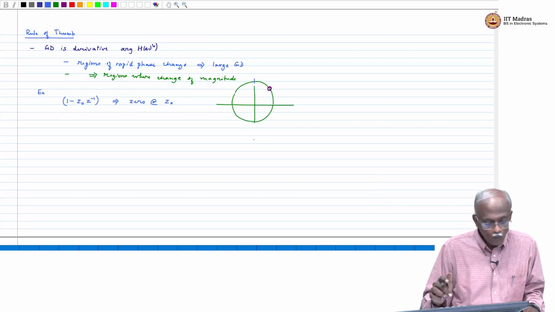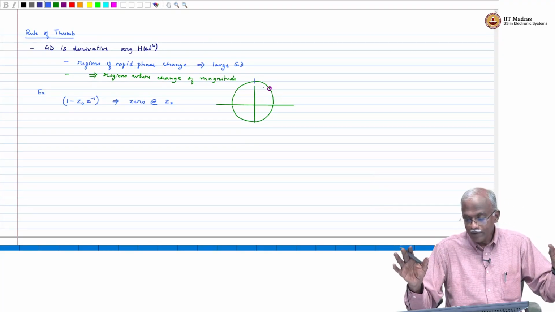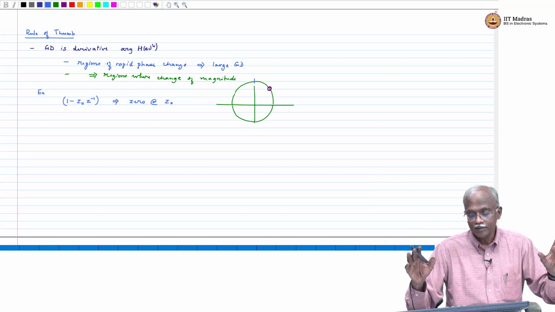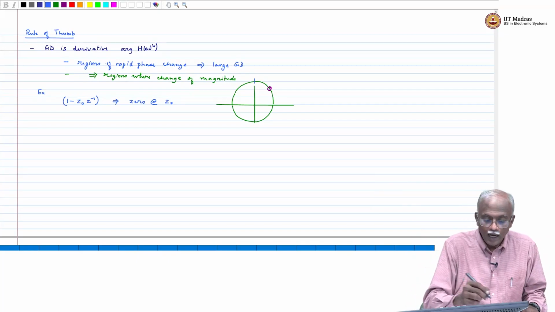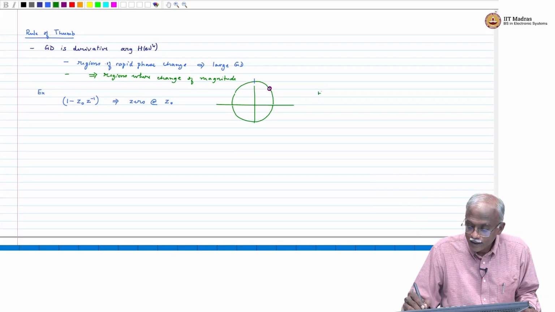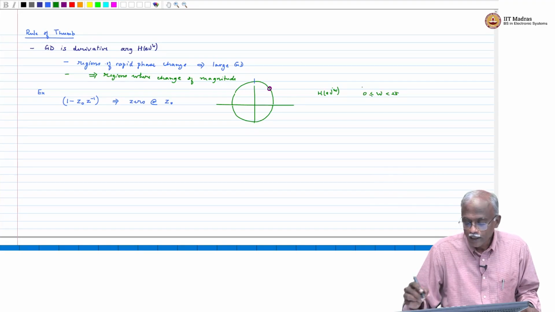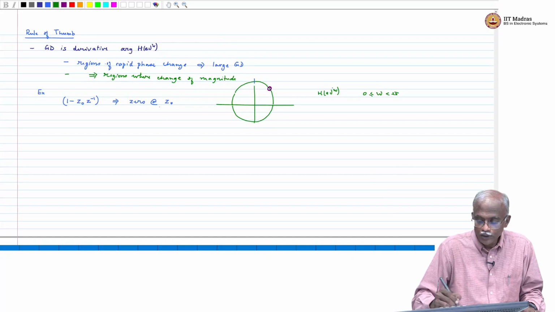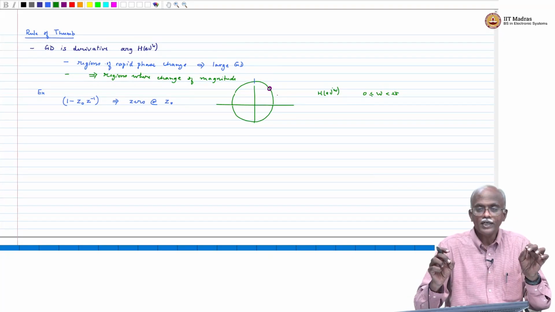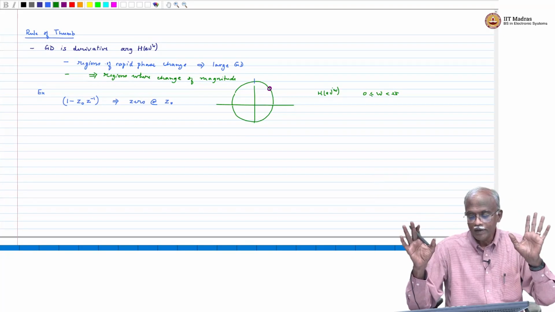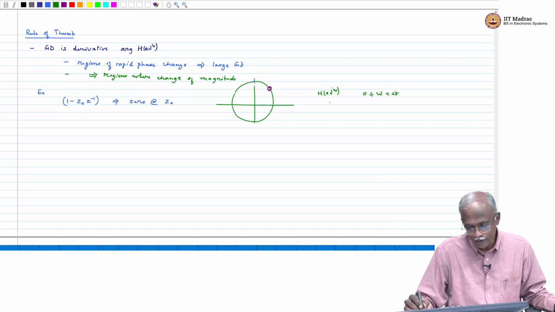Now, when you look at the behavior of this LTI system, what we are saying is, I want to know what H(e^{jω}) is when ω goes from 0 to 2π. Basically, I want to go around the unit circle, and at every point I want to know the behavior of the LTI system, which is H(e^{jω}).